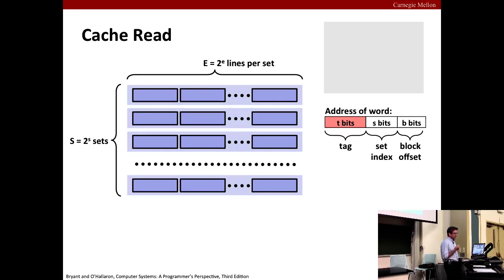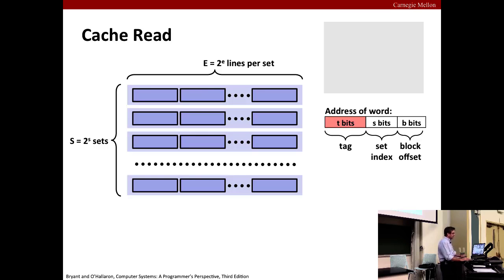Okay, remember, we just think of this cache as an array of sets. The set index bits provide the index into this array of sets. And then all of the remaining t bits constitute what we call a tag, which will help us when we do our search.